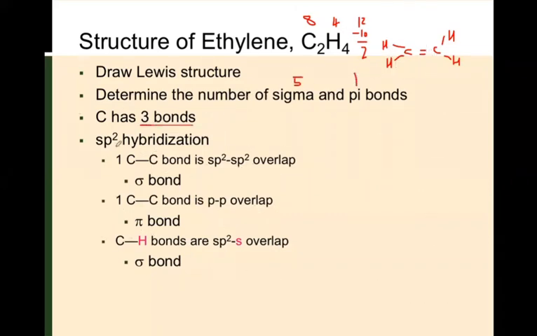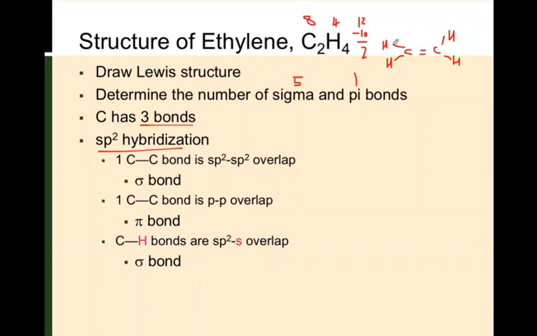Carbon has 3 bonds, so it is sp2 hybridization. Oh, I forgot to ask you about that. 1 carbon-carbon bond is sp2 overlap. So hopefully you can see why it's sp2 hybridization. The reason is that there are 3 electron domains, 1, 2, 3.